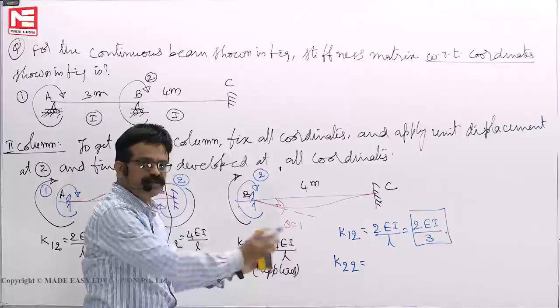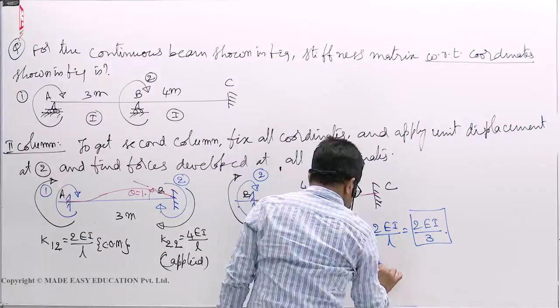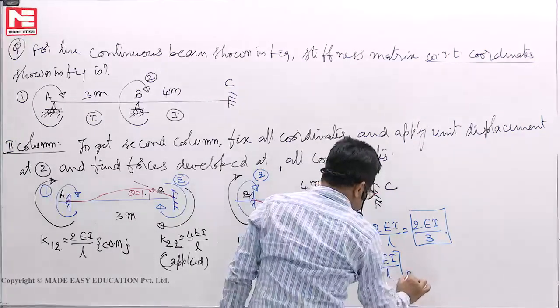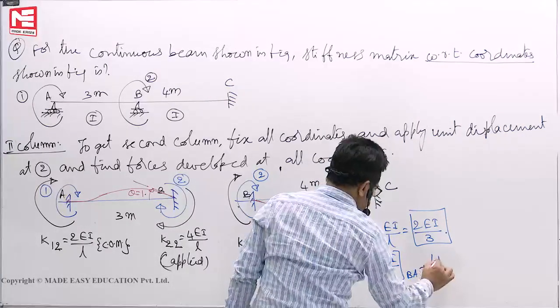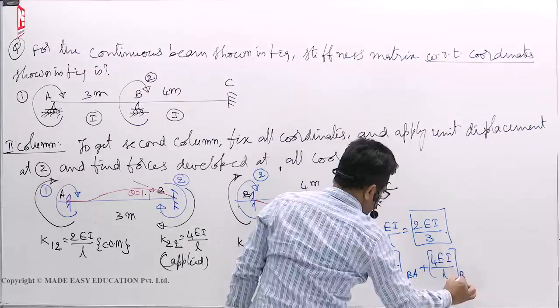That K22 is at 2 locations in the beam, so you have to add. 4 EI by L for the BA span plus 4 EI by L for the BC span.